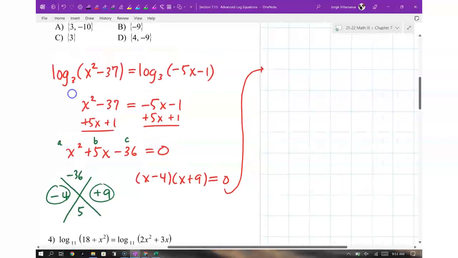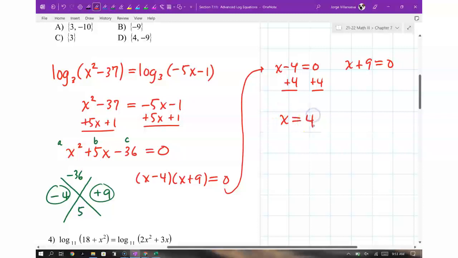We're going to set up 2 separate equations. One that, whoops, I don't know what happened there. x minus 4 equal to 0. x plus 9 equal to 0. So I'm going to solve. If I add 4 to both sides, I get x equal to 4. If I subtract 9 from both sides, I get x equal to negative 9.